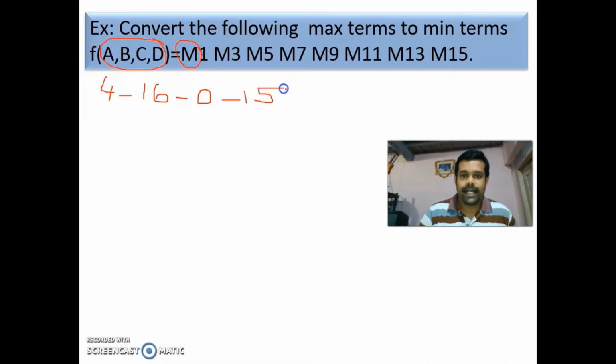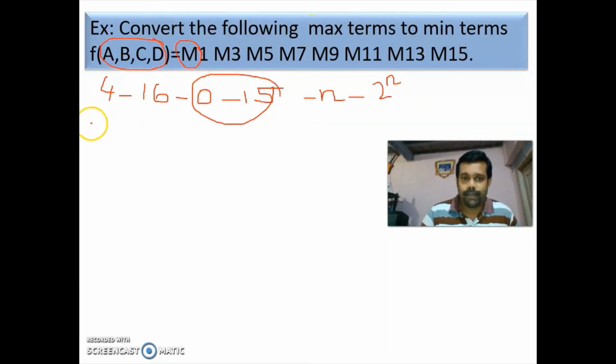In general, if you are having n variables, you will be having 2 to the power n combinations, or 2 to the power n numbers you can write in binary. Now here, of these numbers from 0 to 15, they have given some numbers in max terms.